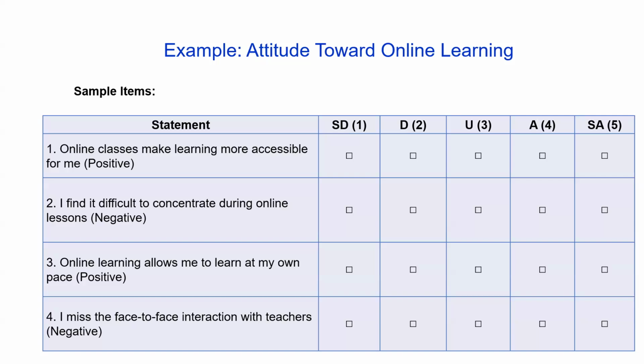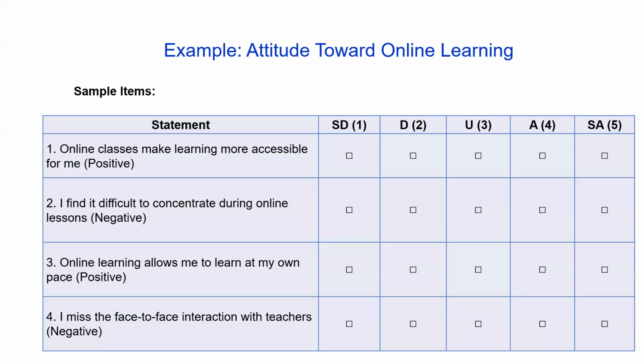If you mark the first one, that means strongly disagree. You do not agree with this statement. Second, that means you disagree. Third, you are uncertain. Fourth, you agree with this statement.